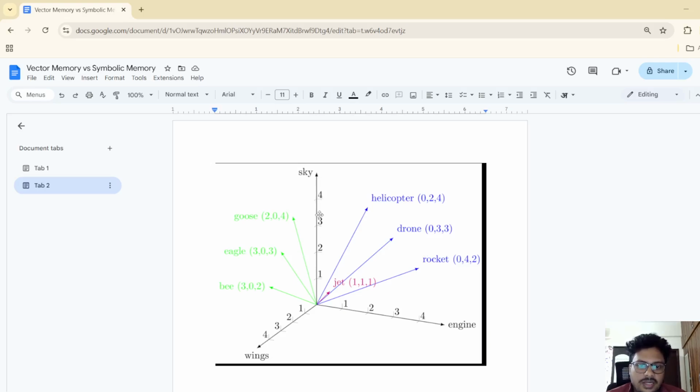This is multi-dimension, and we said vector memory is information stored in multi-dimension. Just as an example, suppose you are standing here, and on top of that you can see helicopter is one word, drone is a word, rocket, and the more similarity there is between the words, the closer they will be. You can see drone can fly, helicopter can fly.